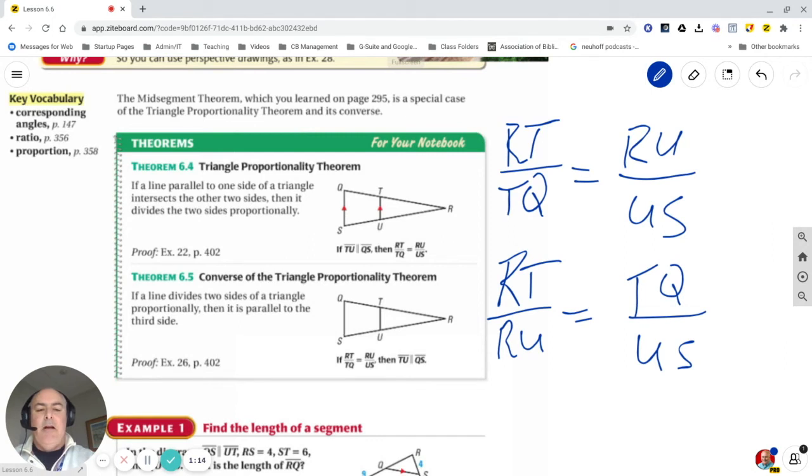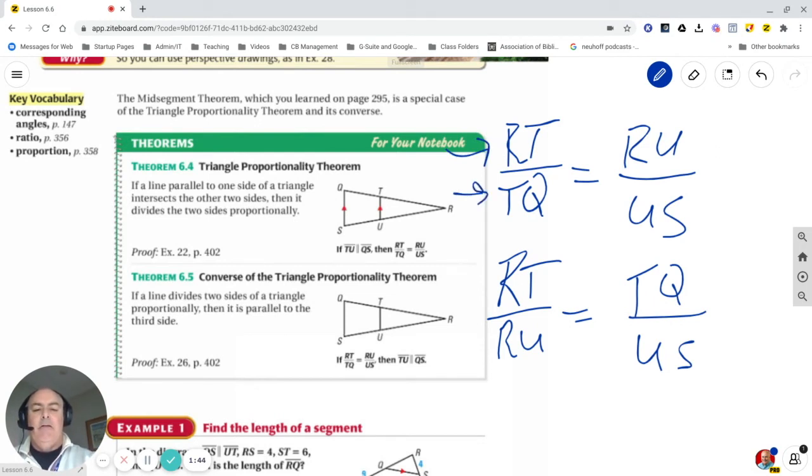The reason I want to rewrite it that way is now, instead of working down the triangle, I'm actually going to be working across: RT and RU, TQ and US. The key thing to remember, whether or not I'm working down or across, is to be consistent with which segment I list first in the numerator, and then which segment I list in the denominator.